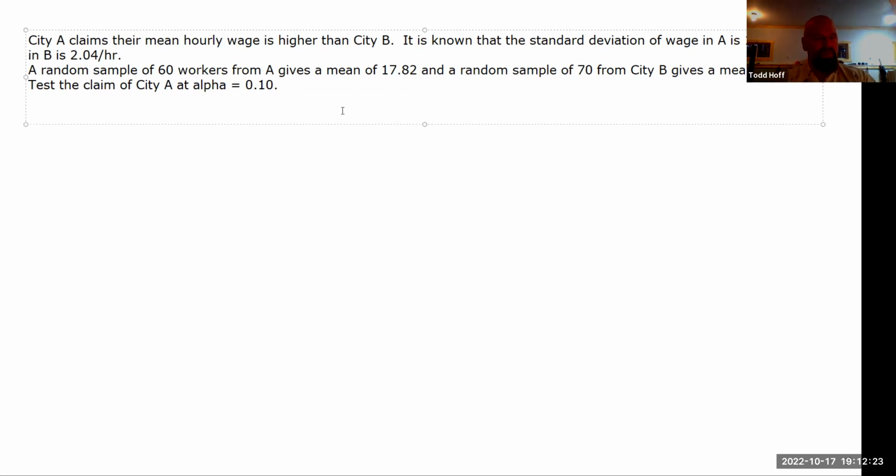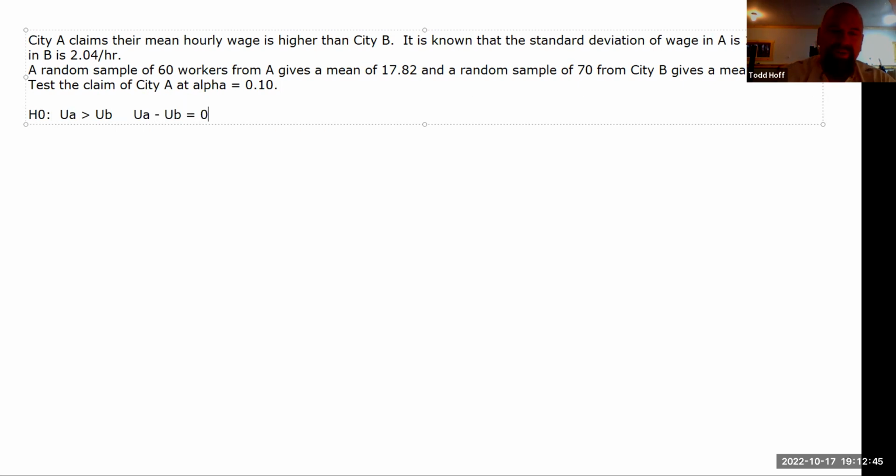So first of all, we need to come up with our hypotheses. The null hypothesis, city A's claim, is that their mean is greater than the mean for B. Now what we're going to do is word it as mean A minus mean B equals 0.